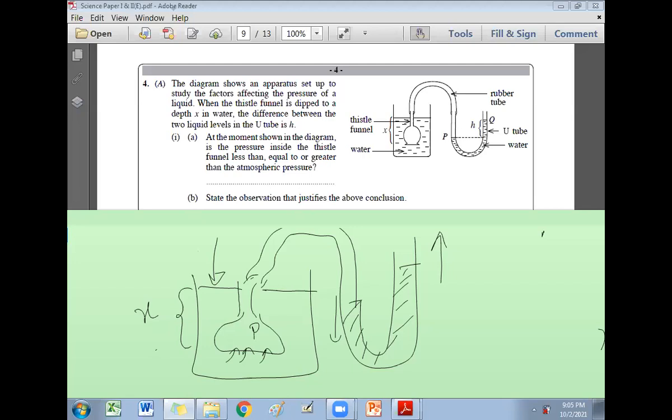I put ATM, atmospheric pressure. What is the total pressure at the external side of the rubber membrane? P total equals atmospheric pressure plus pressure caused by the liquid, H rho G. So if you can put a symbol for the atmospheric pressure.